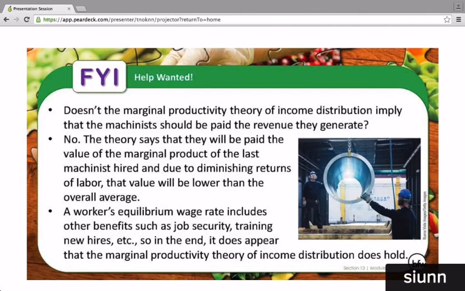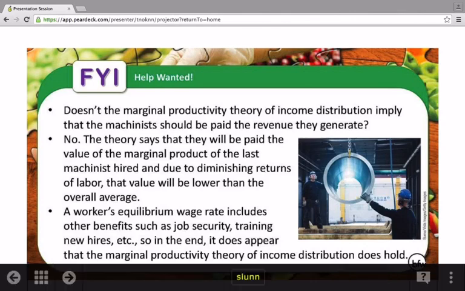So a worker's equilibrium wage rate also includes other benefits. Remember, it's not just the wage you're paid, but you have value in job security, training that the firm provides for you, new hires, and benefits such as health insurance and vacation time. So in the end, it does appear that the marginal productivity theory of income distribution does hold.